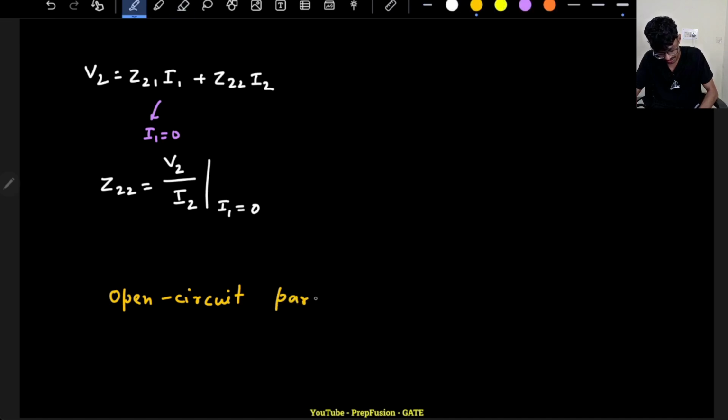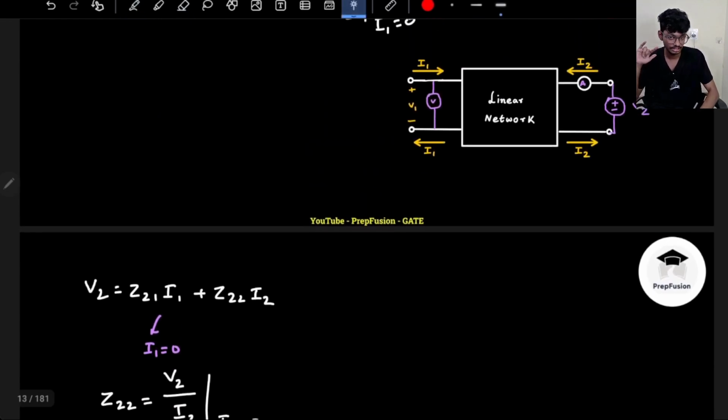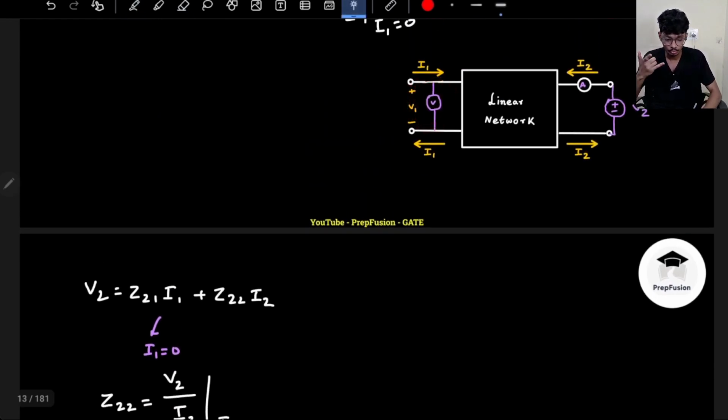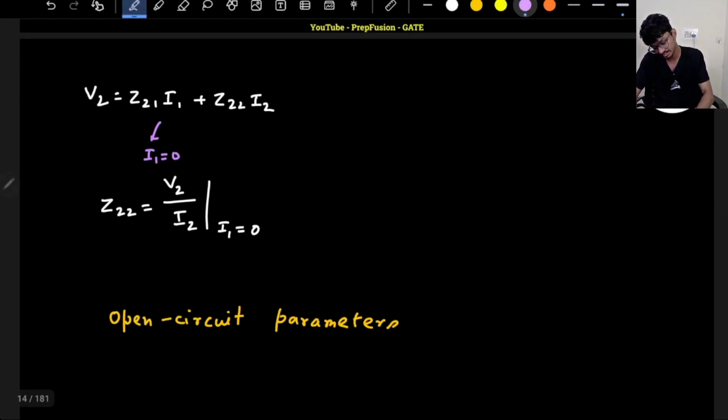Because to find out the parameters, either the input or the output is open, so we have to open the input or the output. Open circuit means zero current, I equals 0. That is the reasoning behind open circuit parameters.